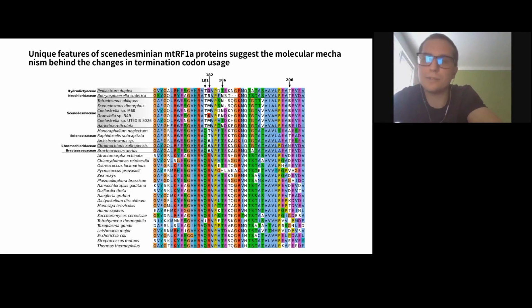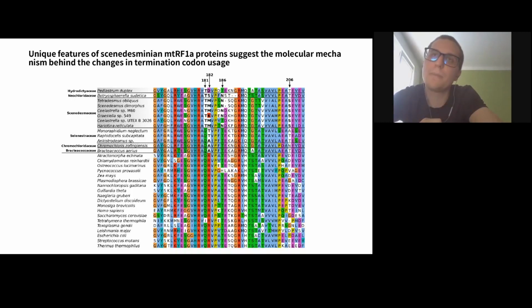It's very difficult to answer such questions based just on the primary structure of this protein. But since we were lucky to see those reassignments nicely match the findings we had, we looked if there is something specific for this group of algae, because nobody else is able to use UCA and UCG as a stop codon. At least we don't know such organisms.